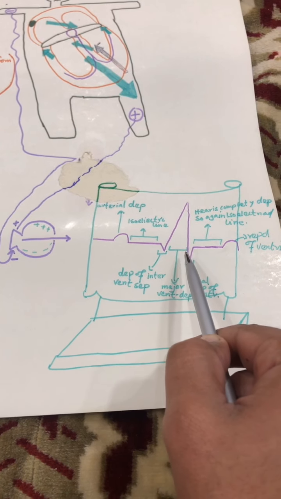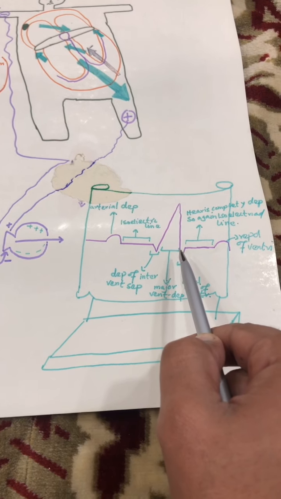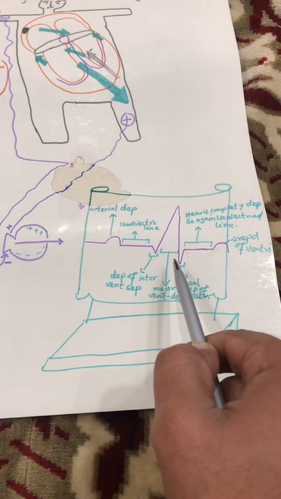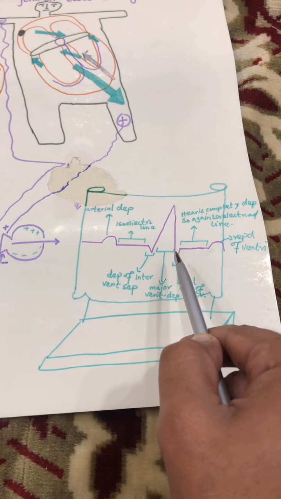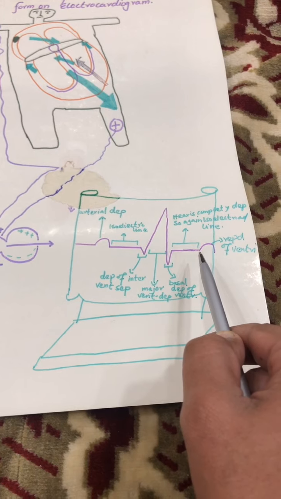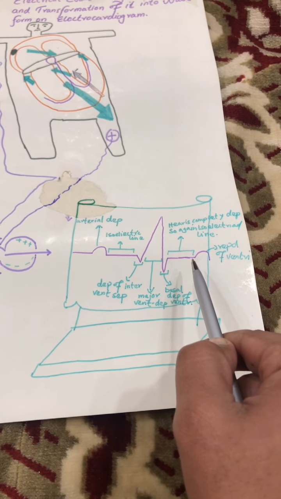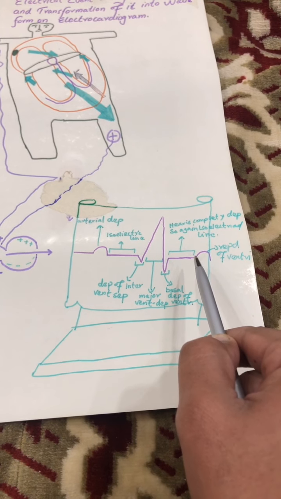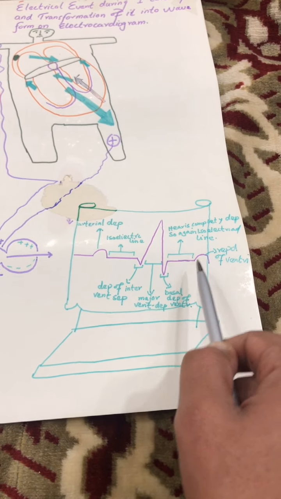The R wave shows the depolarization of the major ventricle, and this S wave shows the depolarization of the base of the heart. And then after that, the isoelectric line shows that the heart has completely depolarized, and then repolarization starts. Repolarization of the ventricle produces the T wave.